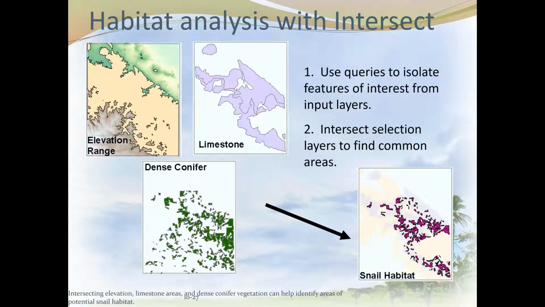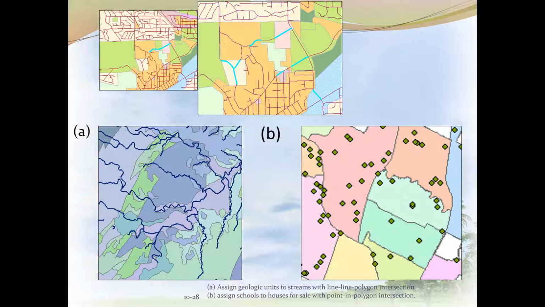Such a map would help biologists create sampling strategies for counting populations, analyze whether the habitats are interconnected or widely separated, and make decisions about forest management to protect the snails. And the snail's habitat demonstrates polygon on polygon intersection.